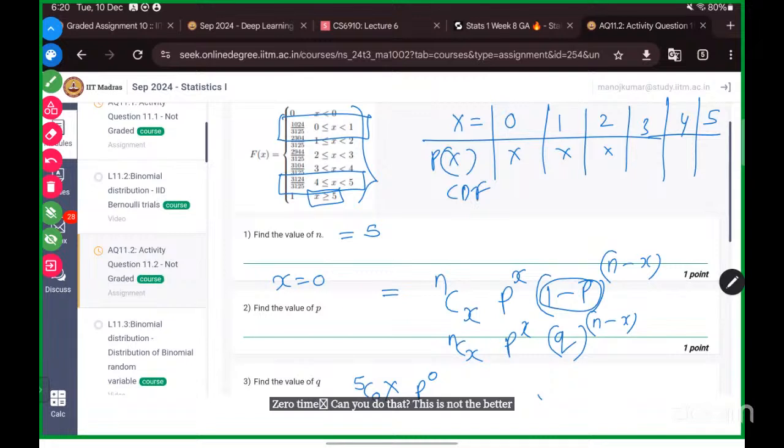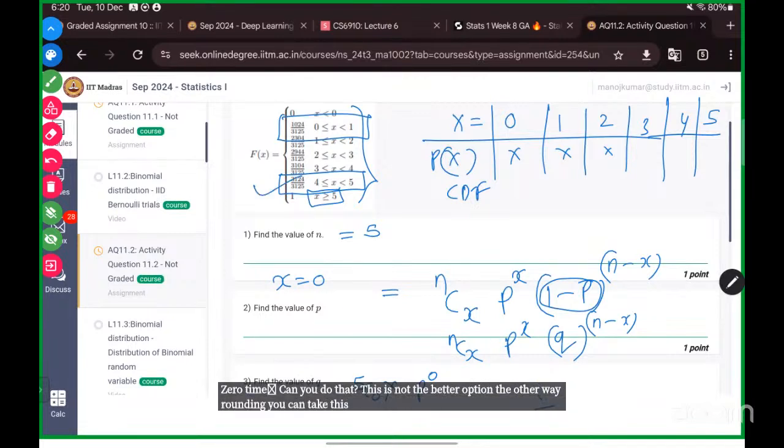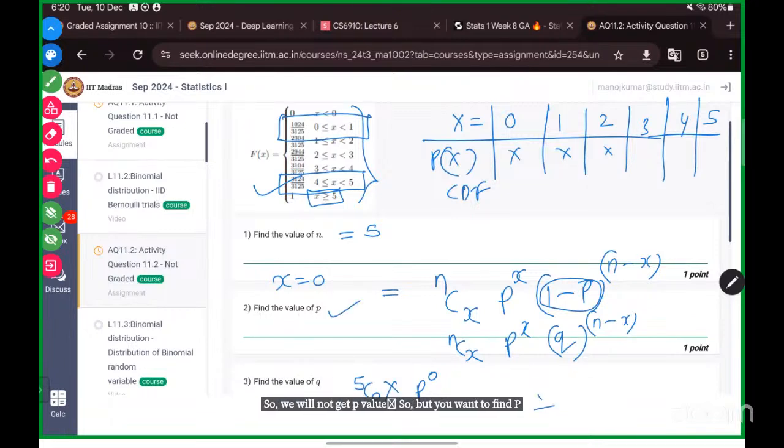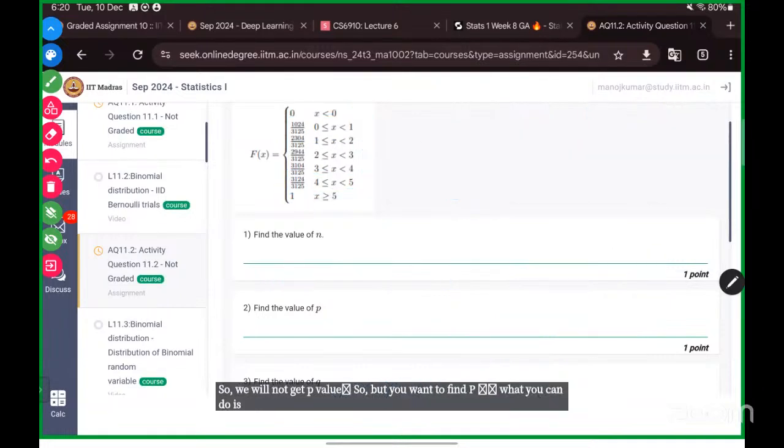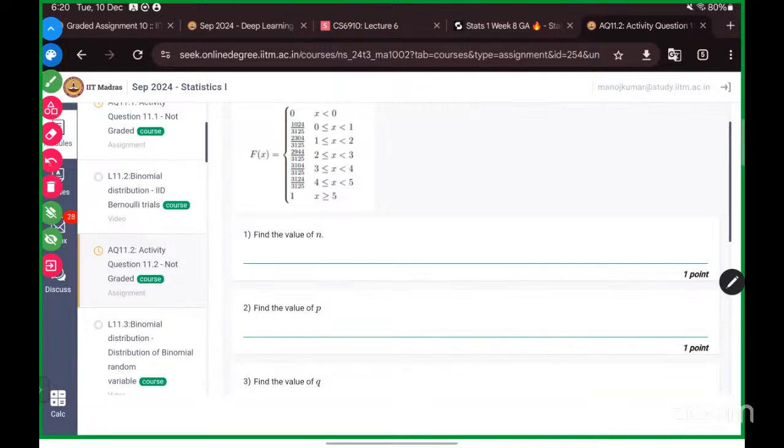The other way around, you can take the last one, because if I write p power 0, then you'll get 1, so you will not get the p value, but you want to find p. So no issue. The formula was ncx p power x q power n minus x, right? So this was the formula, and we are taking this one to find it.